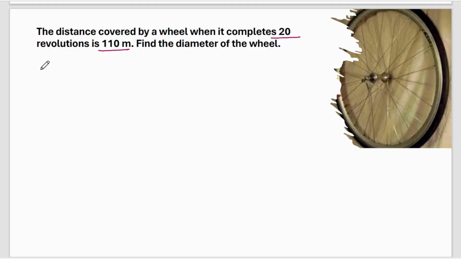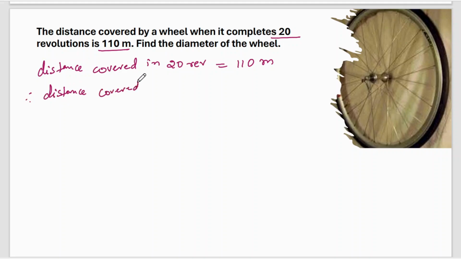Therefore, the distance covered in one revolution is how much? 110 divided by 20, it is 11 by 2 meter.